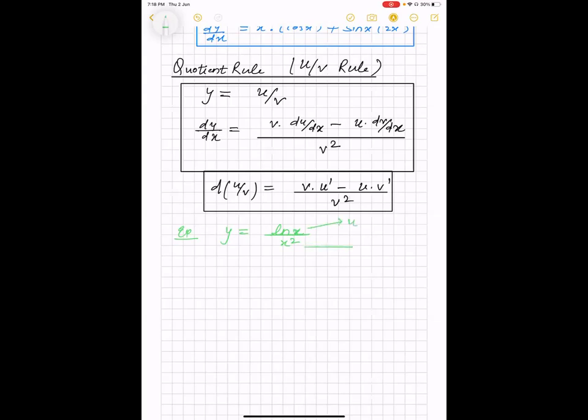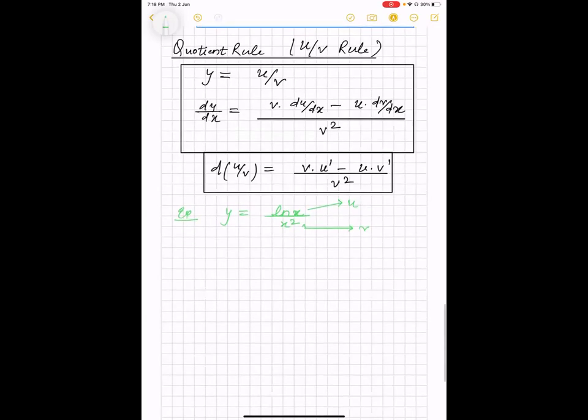We cannot interchange in this case because there's a minus sign, so we have to be particular what our u is. Your u is nothing but ln x and v is x square. So you can find u dash. What will be u dash? 1 by x, derivative of ln x is 1 by x. And you can find v dash, which will be 2x.